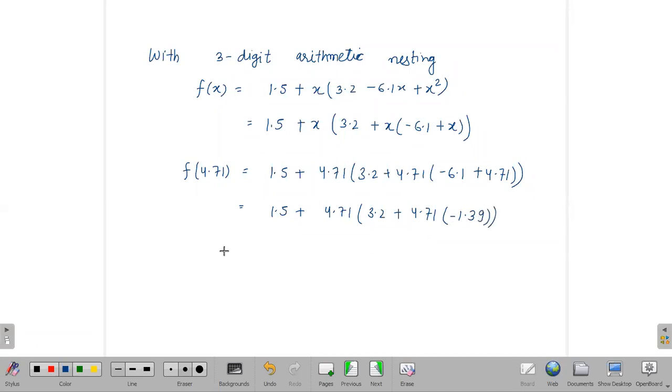I will take 3 digits only. 1.5 plus 4.71 into 3.2. Then again I multiply it, it will be negative 6.55. Again I subtract these two, it will be minus 3.35. Again I multiply these two.